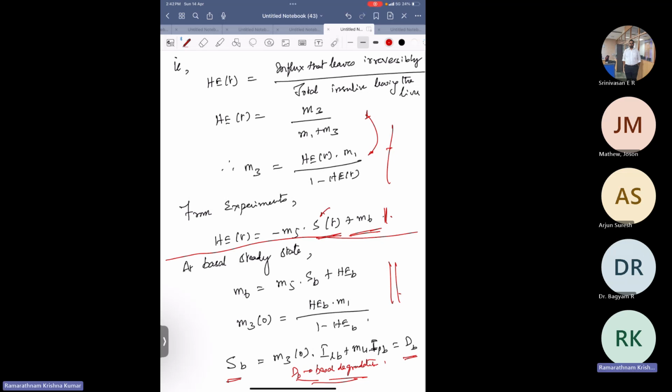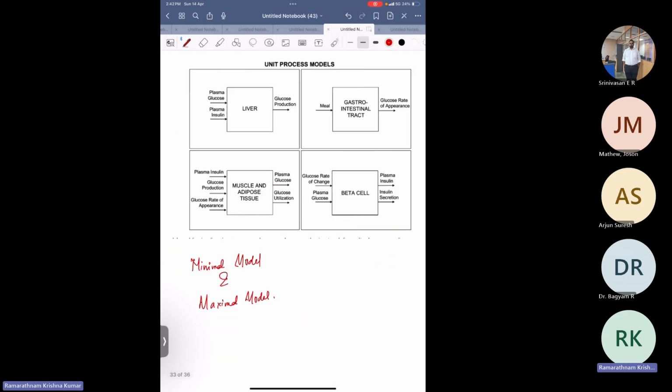This model, by which I'm explaining in a completely complex fashion with a number of parameters, is called maximal. Suppose I leave out all these things and I just have the first two.